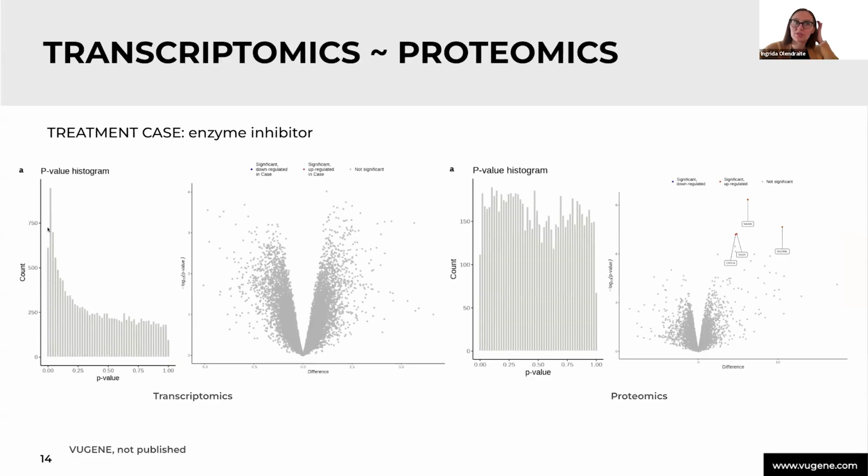Within group variation was too big, so we didn't get any statistically significant results, while in proteomics, we got a couple. I on purpose made them quite small, so it's unpublished. I don't think that you can get too much from this. But you can see that in proteomics, we don't see too much of an effect, while on RNA-seq we do, but we still need statistical power for RNA-seq.